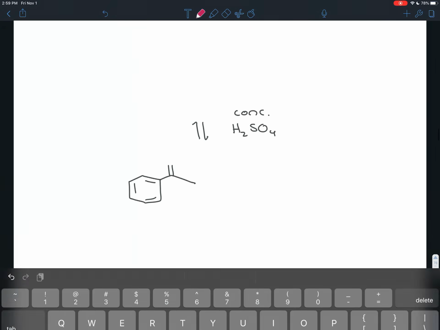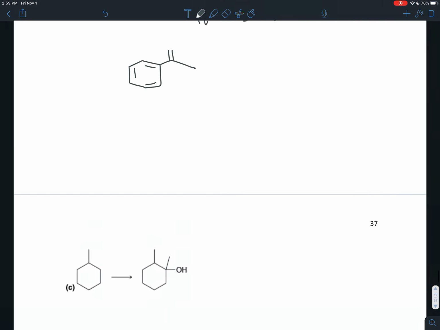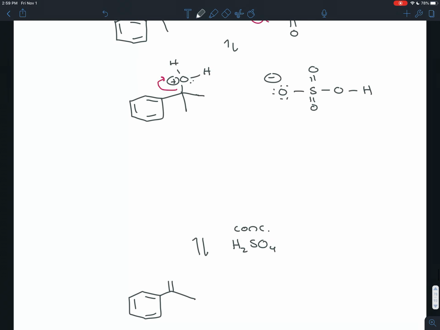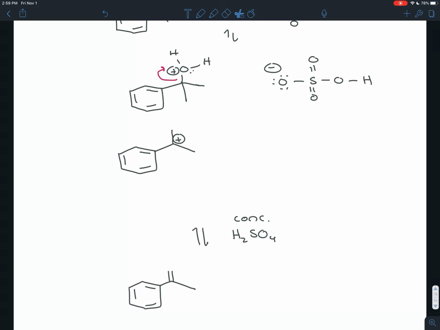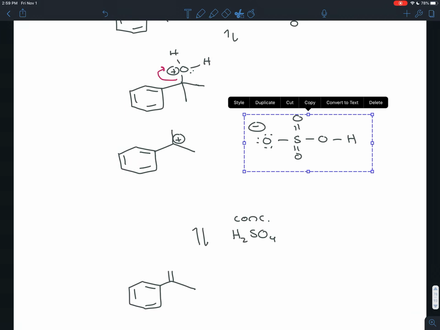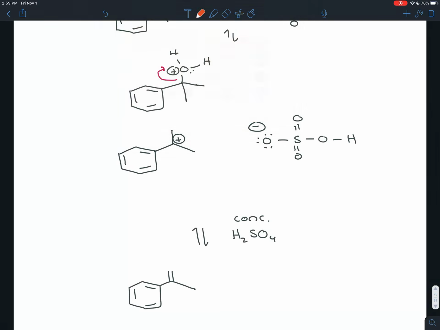If you recall from Organic Chemistry 1, that leaves us with a carbocation, and the conjugate base of the sulfuric acid, weak as it is as a conjugate base, can come in, and because there's already a full positive charge there, it can act as the base in an elimination reaction and steal one of the beta hydrogens, like we discussed in part A for elimination reactions.